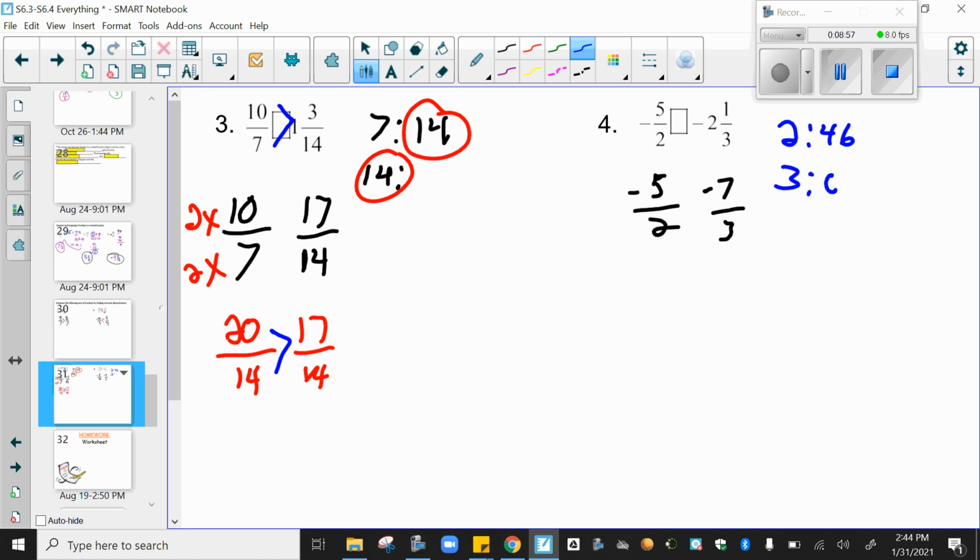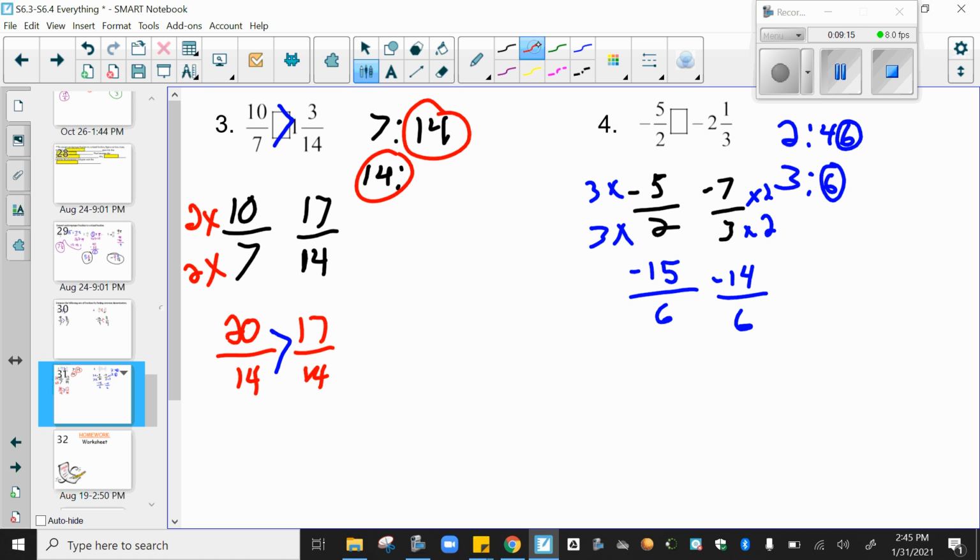This side's times 3 and this side's times 2, so that leaves us negative 15 sixths. The other side's times 2, so negative 14 sixths. We know that negative 14 sixths is greater than negative 15 sixths, so we're going to use a less than sign based on the shape.